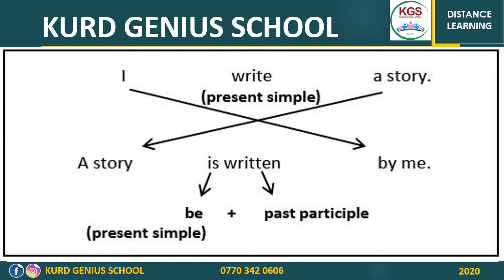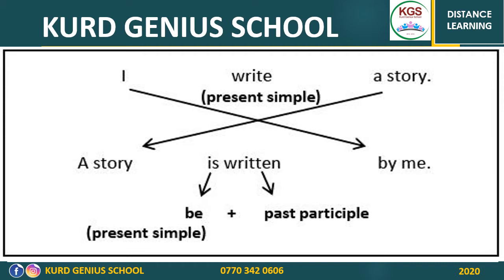In the first one, the emphasis is on I, on who is doing the action rather than the object. So we say I write a story, but when you make the sentence passive, we put emphasis on the object, on what is being affected by writing. That's the story.